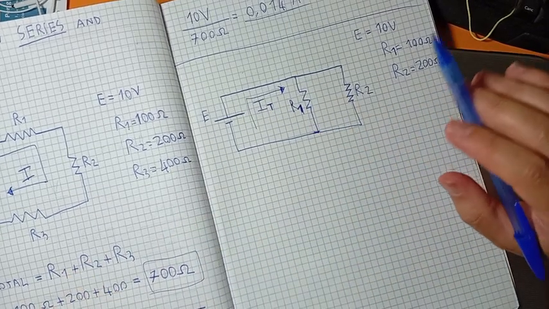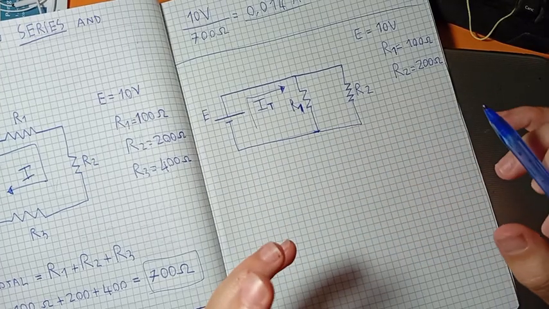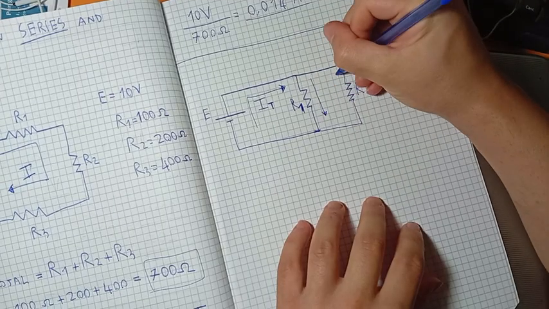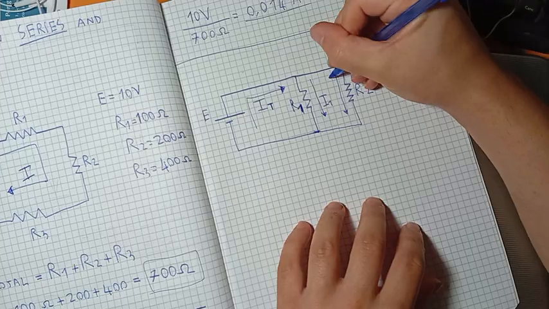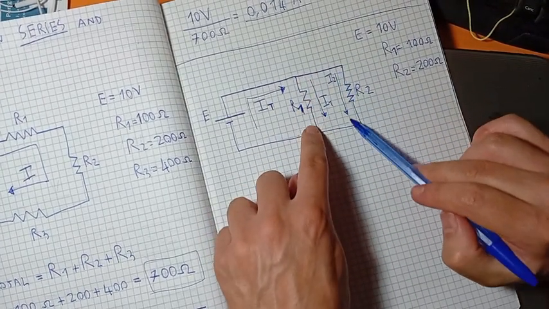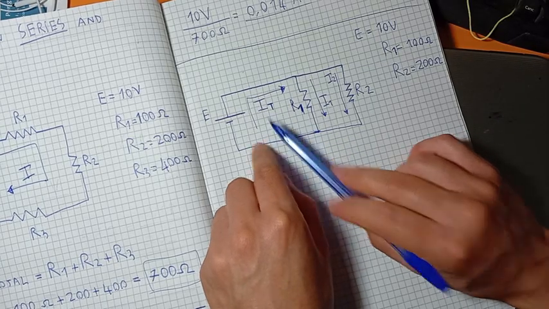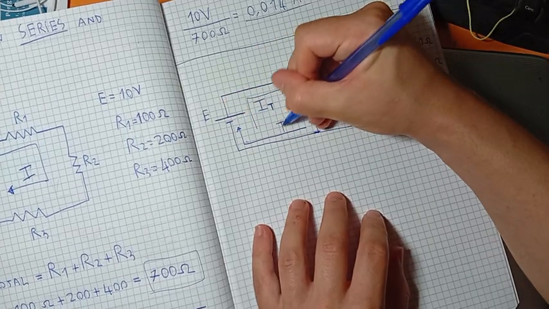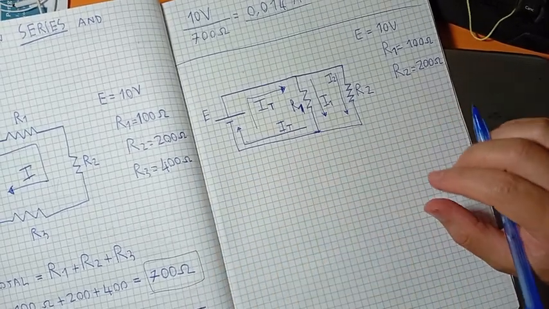Total current, okay? And this total current will divide itself in two smaller parts, this one and this one. So we'll have current 1 and current 2. And then these two smaller parts will unite again here, and here we'll have again the total current. Okay, so this is what will happen in these circuits.